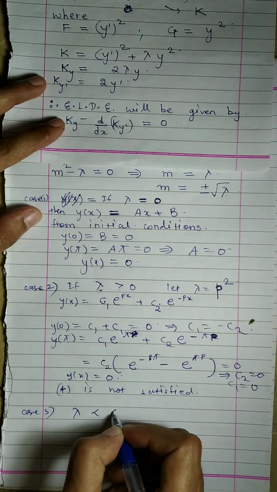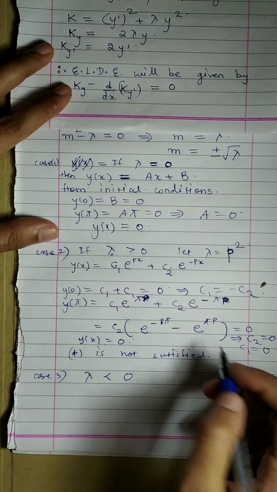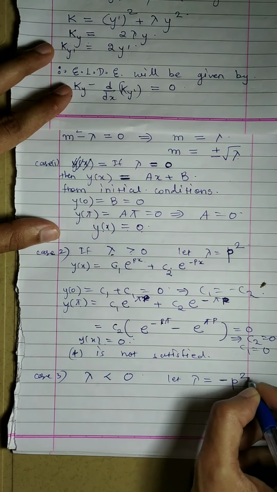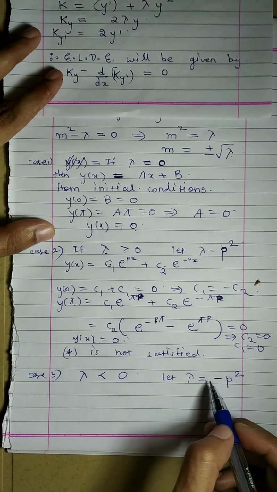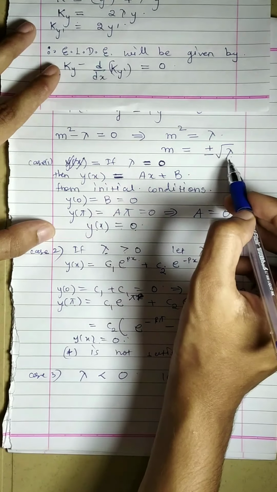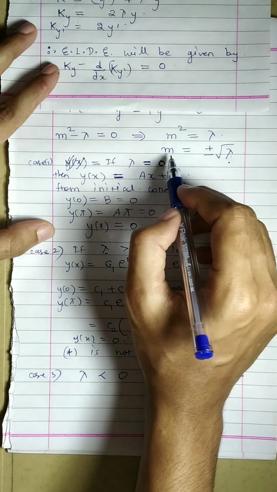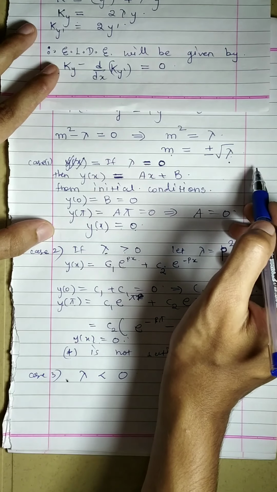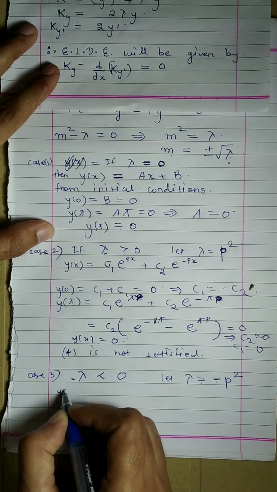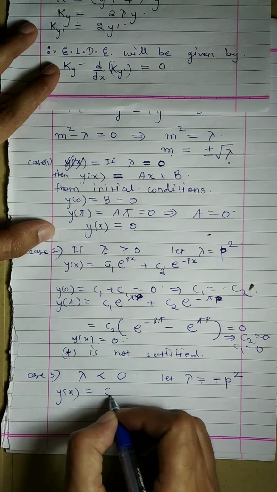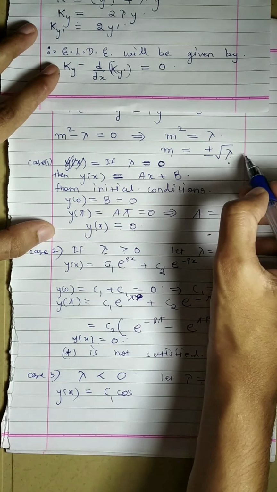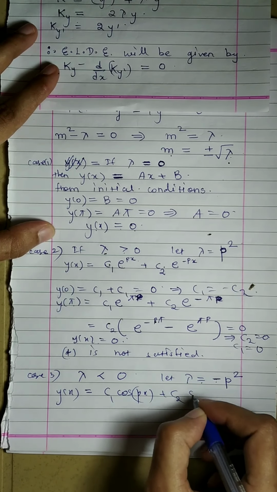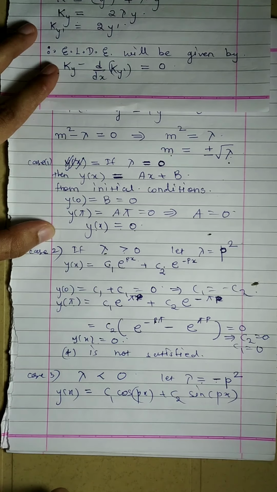Let lambda be strictly less than 0, say lambda is equal to minus p square. If we put this lambda equal to minus p square here, what we will get is m is equal to plus or minus p i, and under that condition y of x is of the form c1 cos of px plus c2 sin of px.